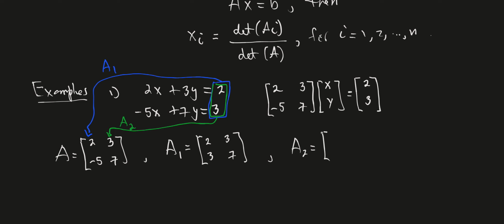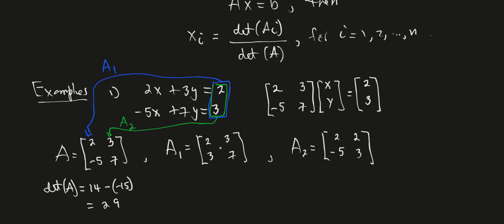So in that case, the first column stays the same, 2, negative 5. And then now my second column is 2, 3. And then Cramer says we need all three determinants. So let's write down the determinant of each. The determinant of our original coefficient matrix is 14 minus negative 15, so that is 29.